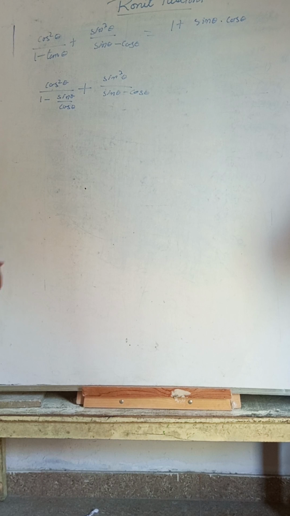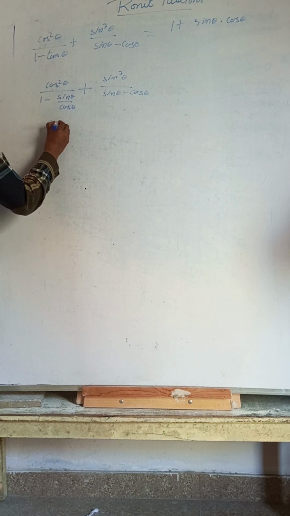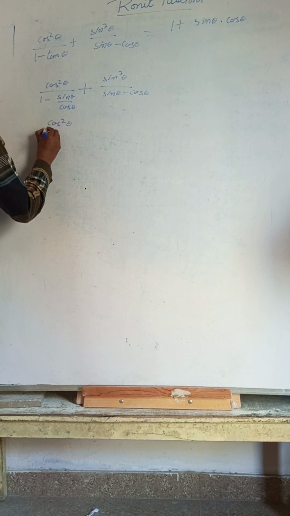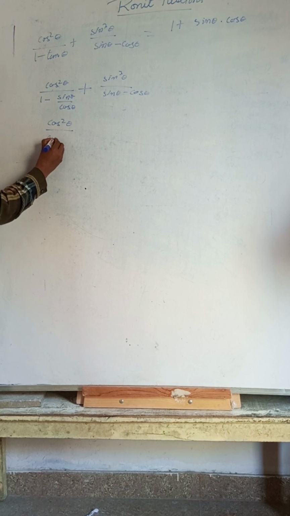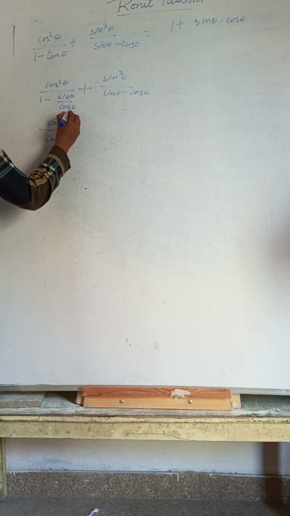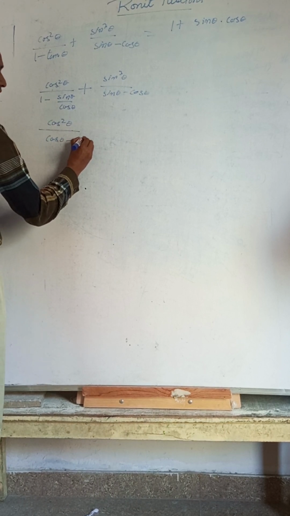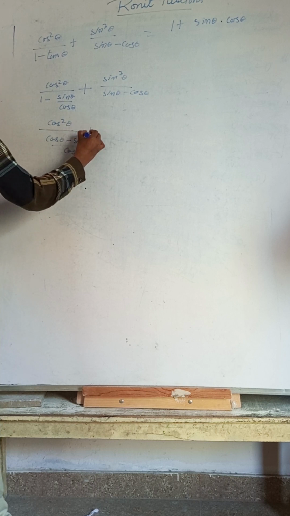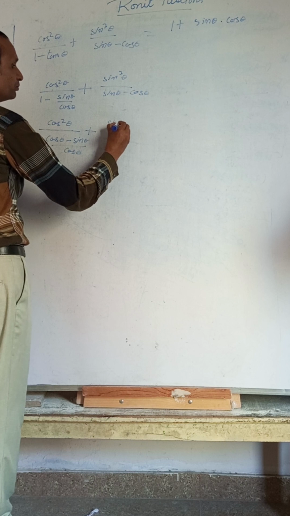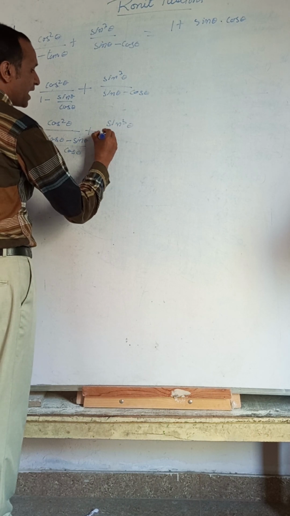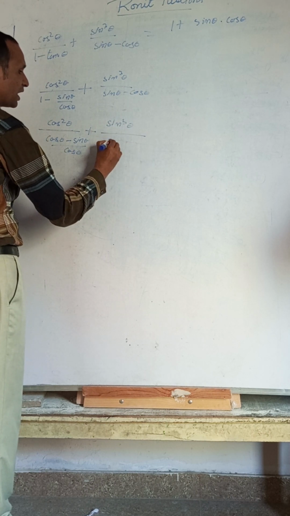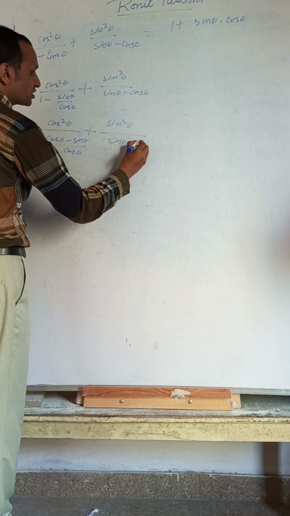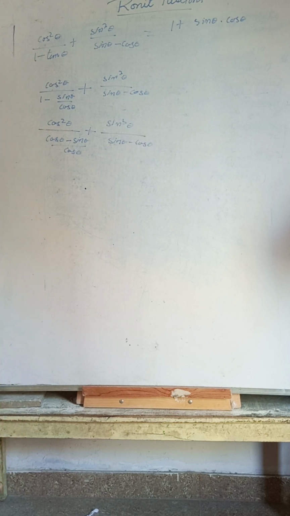Again, we are taking the LCM as the rule. Cos square theta cannot be changed. Cos square theta by cos theta minus sin theta by cos theta. LCM taken and written. Plus is there, plus kept. Sin cube theta by sin theta minus cos theta as it is written.